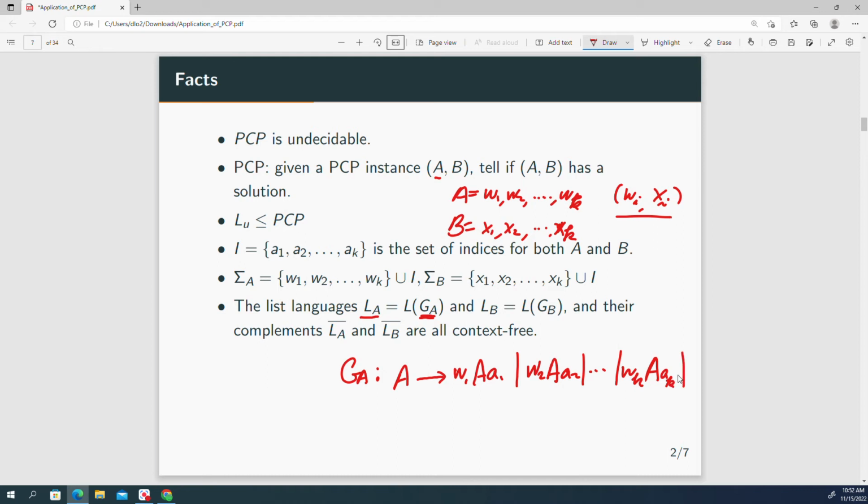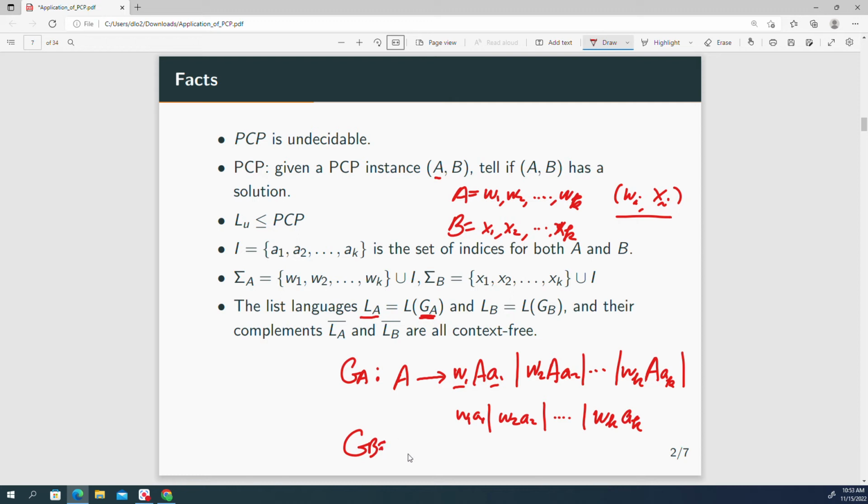and it will be terminated by W1 A1, W2 A2, all the way to WK AK. Notice that this AI indicates the selection, that the corresponding WI got selected. So this is the grammar GA. Similarly, we can define GB.